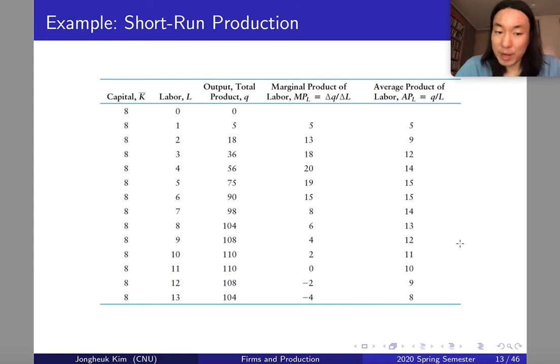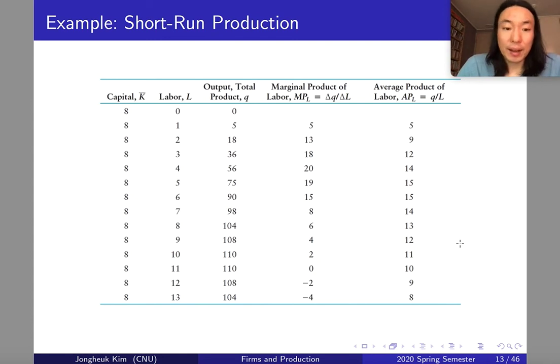Okay, from 12 units to 13 units of labor, your total output is now decreasing from 108 to 104. So the marginal product of labor is -4. How do you interpret this result?